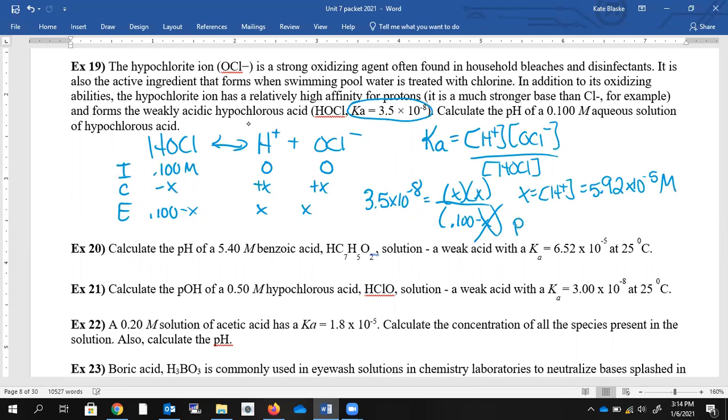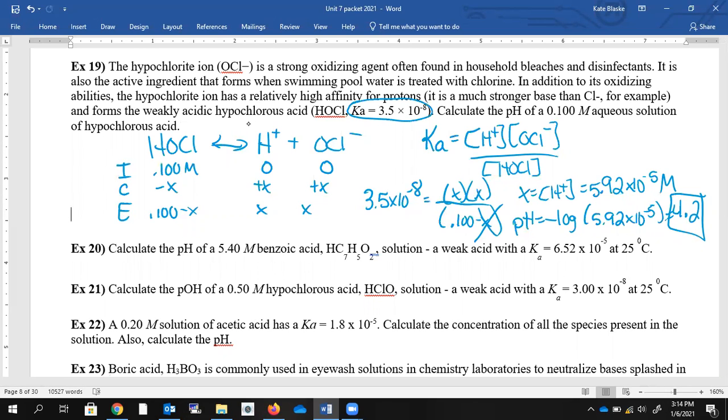To find the pH, I take the negative log of that H plus concentration, and I get a pH of 4.2. Every single question is going to be set up pretty much this exact same way.